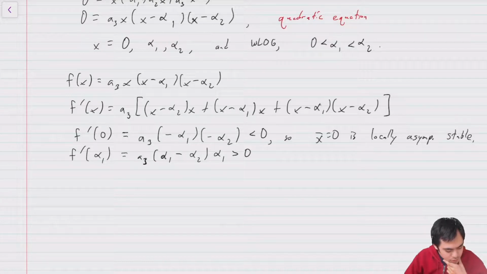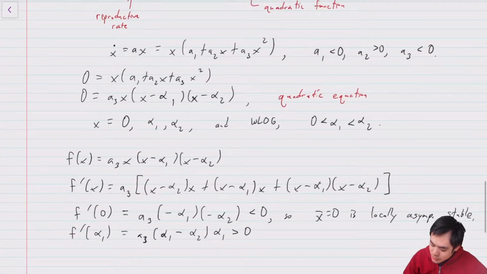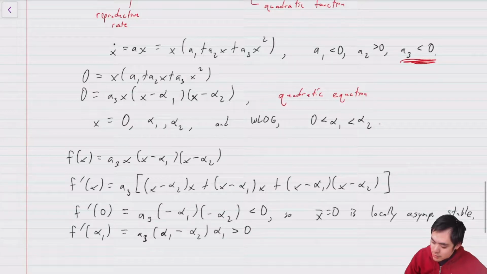F prime of alpha 1 is equal to alpha 1 minus alpha 2. Oh, yeah, sorry, that is correct. So that is greater than 0 because note that a3 is less than 0, which is important here.